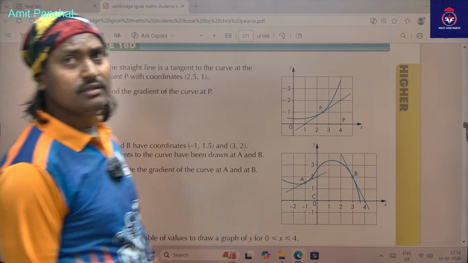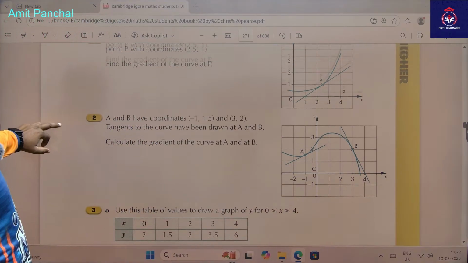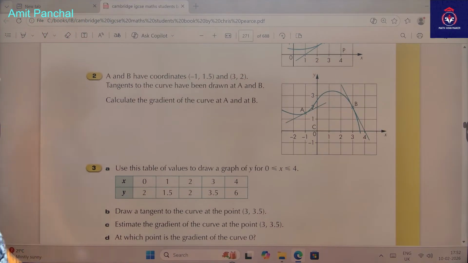Okay, for the second one, the gradient at A and B. I got 1 by 2, so I got 0.5. 0.5 for A, yeah, right, because the y change is 1 and the x change is 2. And then for B.